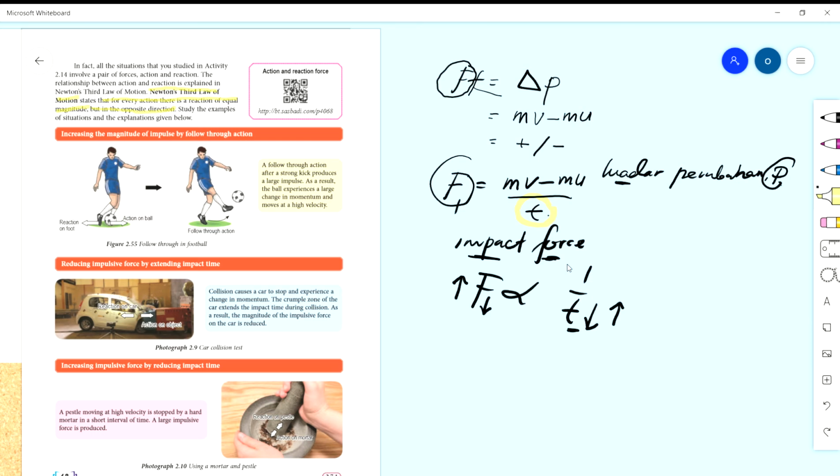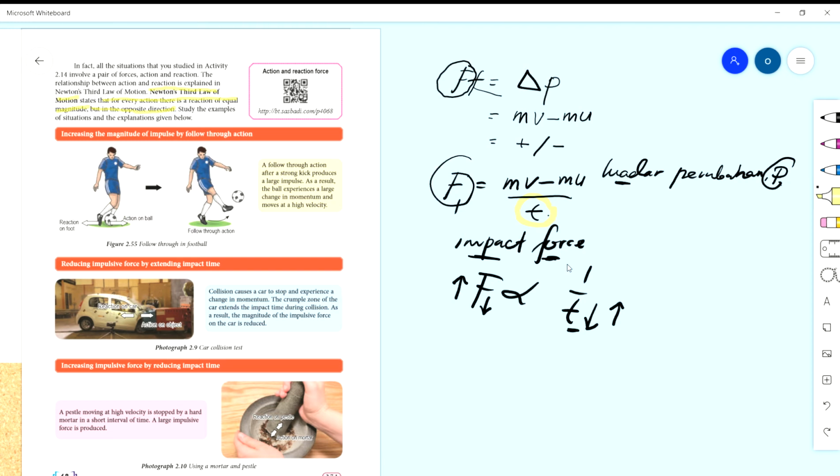Every action has reaction equal magnitude, nilai yang sama but opposite direction. Contohnya awak pergi tampar dinding, dinding tu tampar awak balik lah sebab tu tangan awak sakit. Tapi awak mangkuk lah awak pergi tampar dinding. Kan? So awak pergi tanduk dinding, dinding berlubang, kepala awak pun berlubang. Sebab dinding tu bagi balik kat awak sama gaya yang sama yang awak pergi tanduk dia. Okay, itu maksud action and reaction equal magnitude, opposite direction.